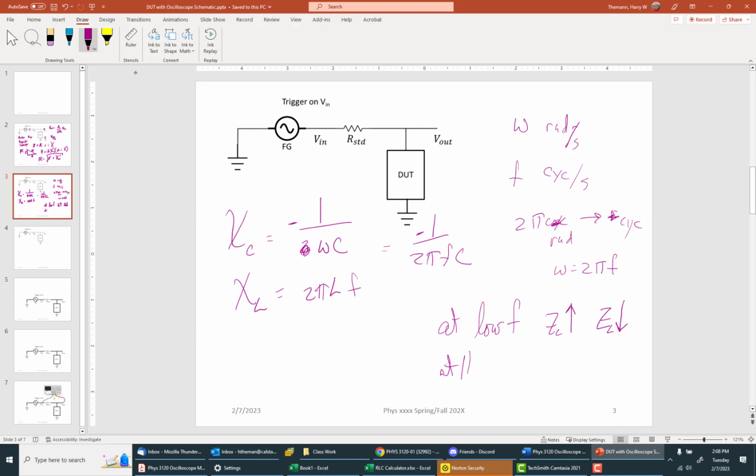And at high F, the Z of the capacitor is low, and the Z of the inductor is high. These are things that you should memorize, like the rules of thumb about series and parallel resistance.